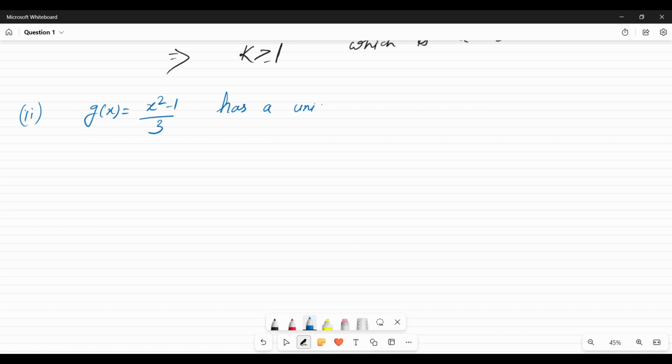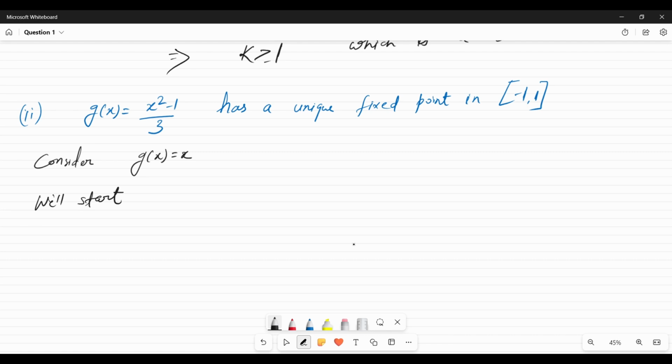It has a unique fixed point in [-1, 1]. Now consider g(x) is equal to x, and we will start with an initial guess x naught and compute using successive approximation.